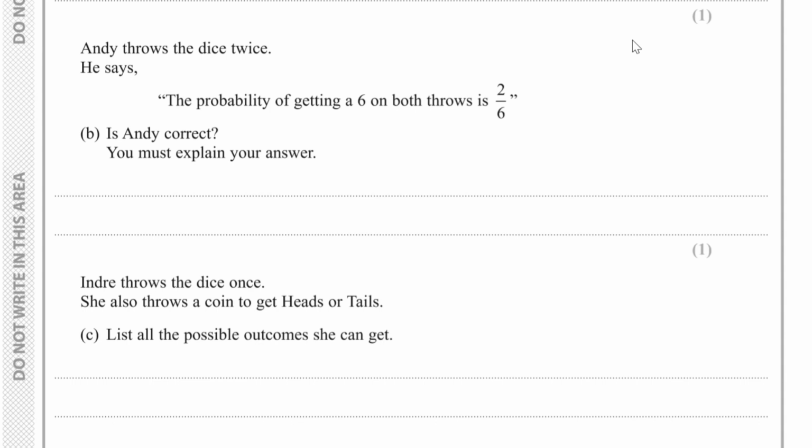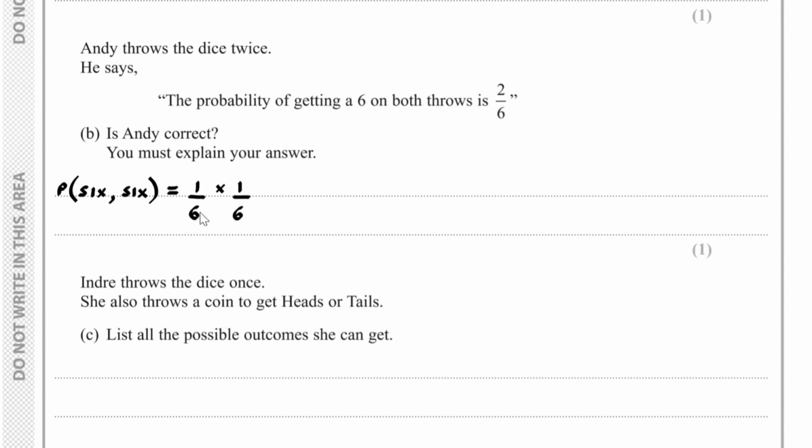Now, for part B, Andy throws the dice twice. He says the probability of getting a 6 on both throws is 2/6. Is Andy correct? You must explain your answer. Well, the probability of getting 2 6s, that's equal to, well, the probability of a 6 is 1/6.